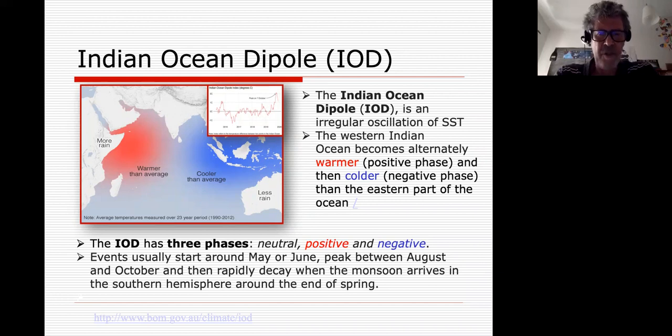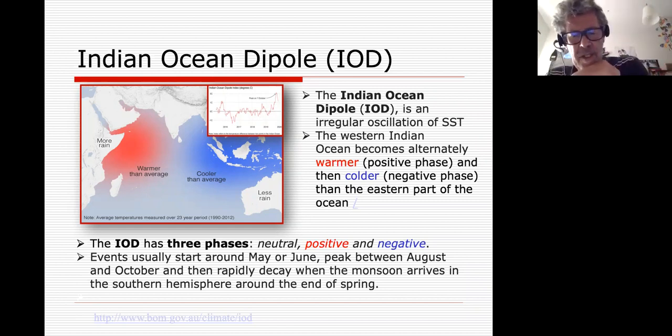These IOD events are irregular and cannot be interpreted as an oscillation, but rather as a departure from equilibrium or quasi-equilibrium states, so to say. They usually start around May or June, and they peak between August and October.